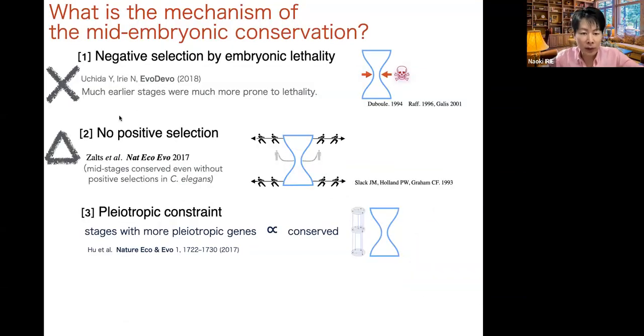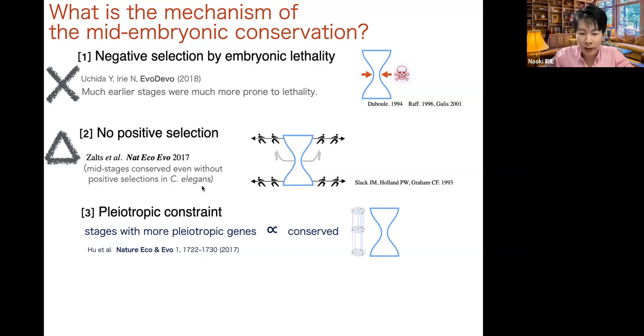And the next idea was, well, it's probably because there's no or less positive selection acting toward the mid-embryonic stage, because the earlier or later stages have to adapt to a variety of environments. But the mid-embryonic stage is just a stage that is gone through and has no positive selection acting on it. But this was tested by Zhao et al., in a different group.